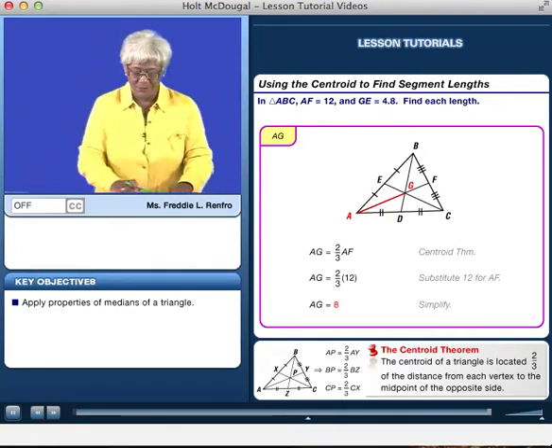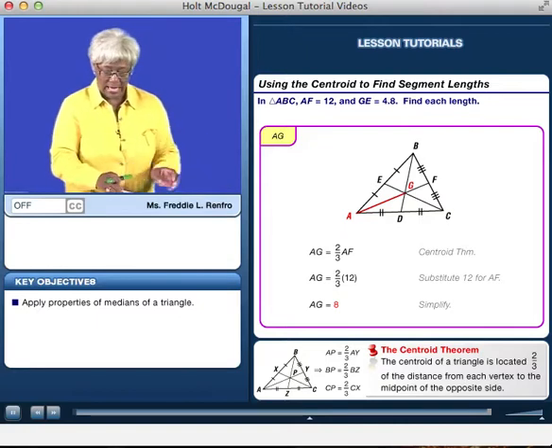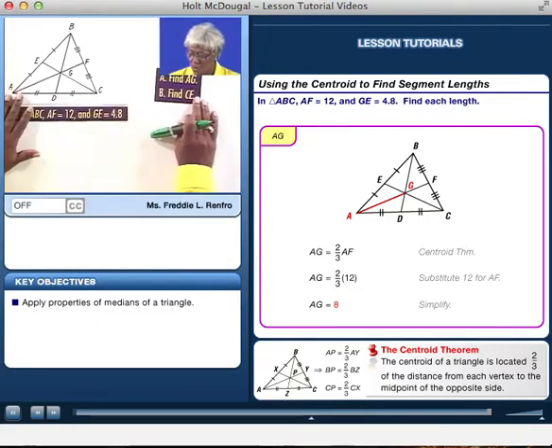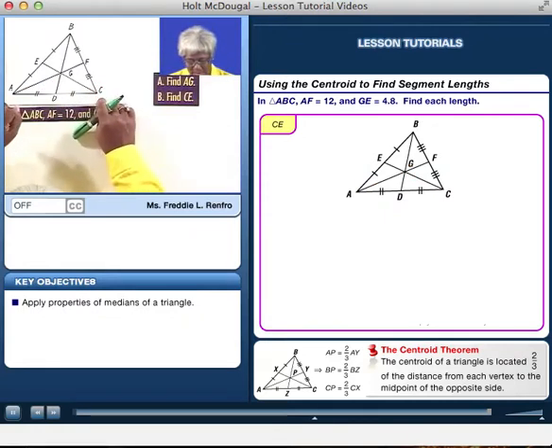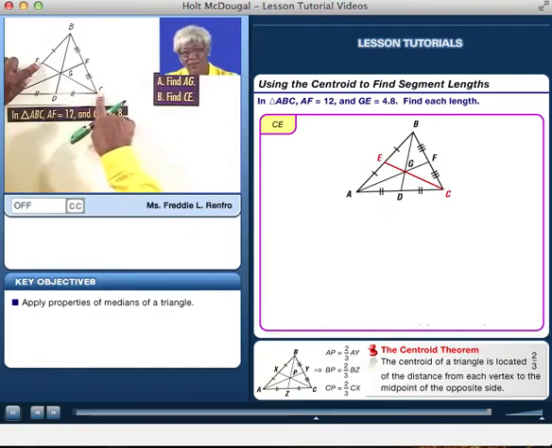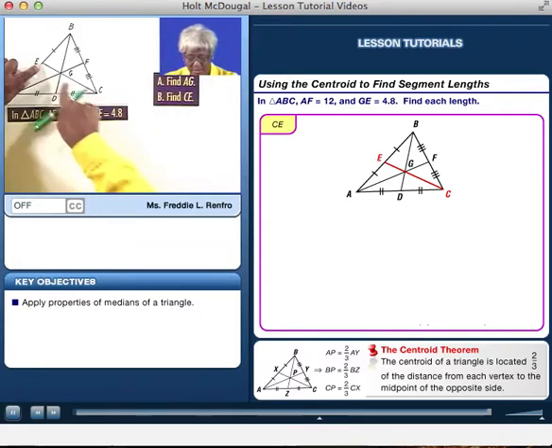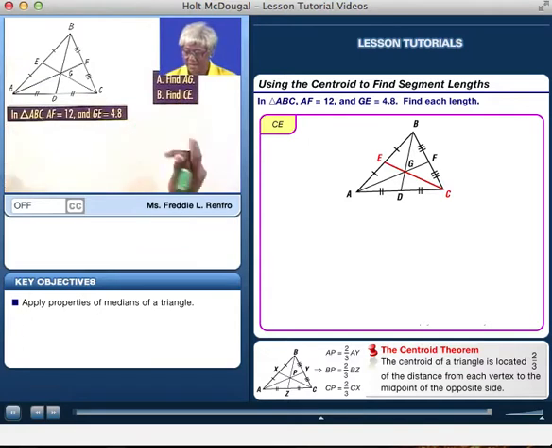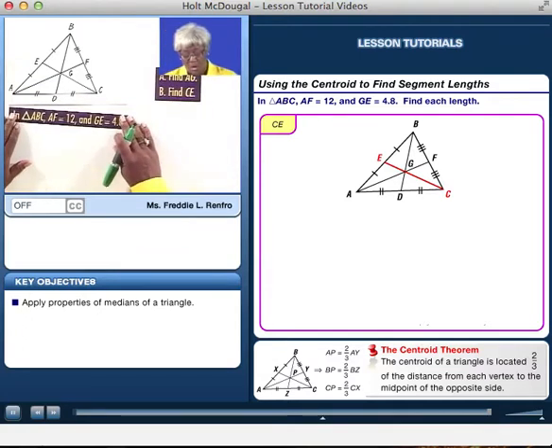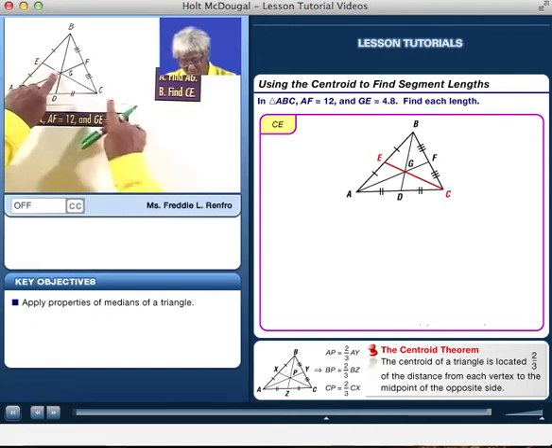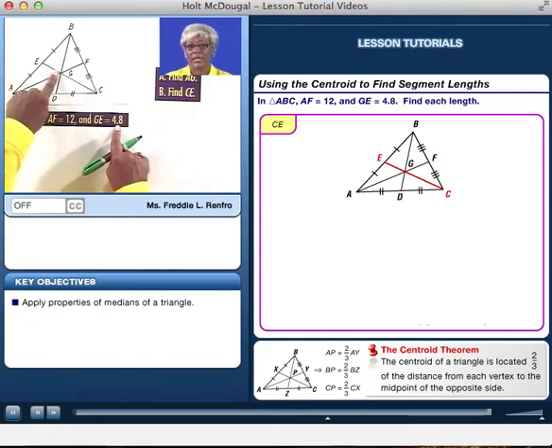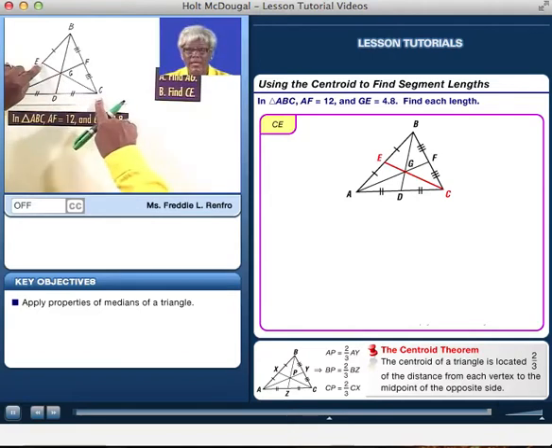Same figure. This time we're being asked to find what CE is. Here's CE. This whole segment, this whole median. What's the measure of CE? All right, let's keep that in mind. We're also given that GE, this little distance right here, is equal to 4 8/10. What is CE?